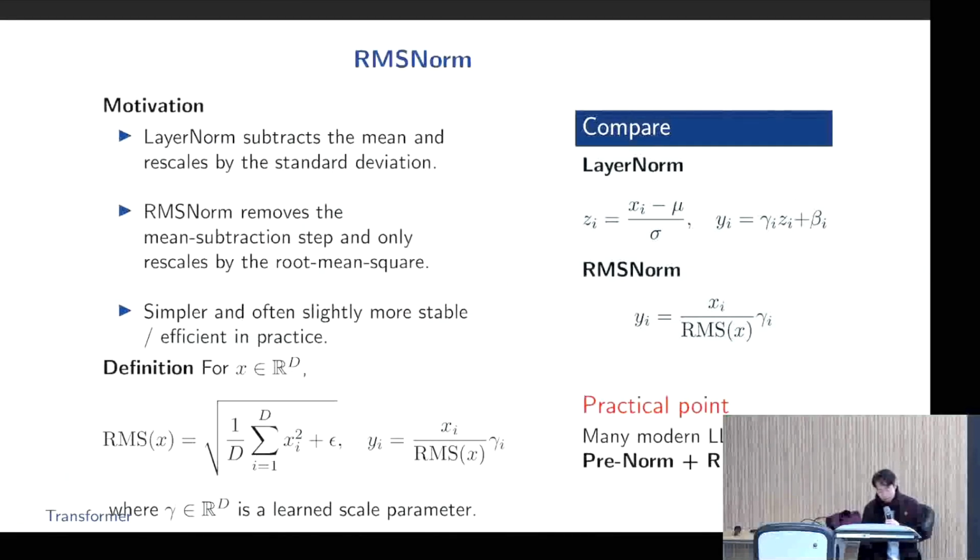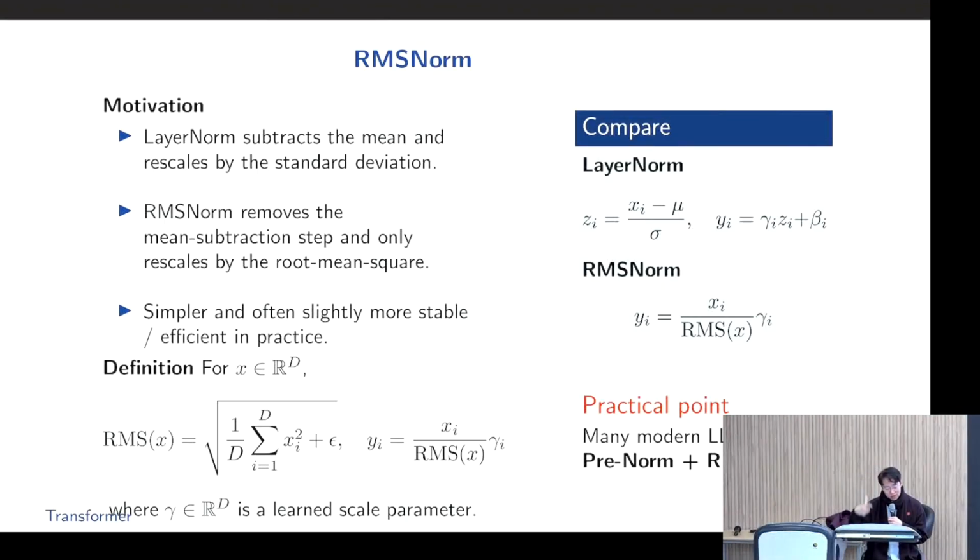And RMS norm. Layer norm works individually per data point, subtracts the mean, and rescales by the standard deviation. In contrast, RMS norm removes the mean subtraction step and only rescales by the root mean square. So the mean subtraction step is omitted. That's the difference.